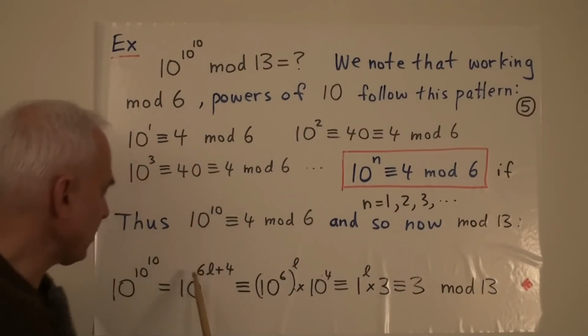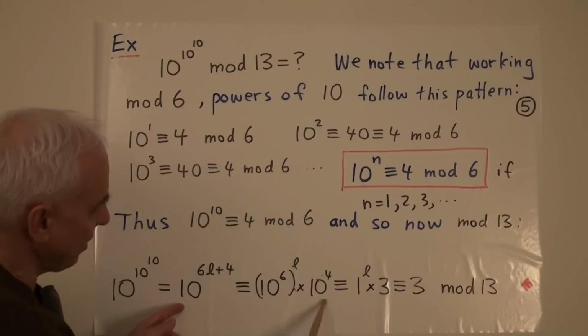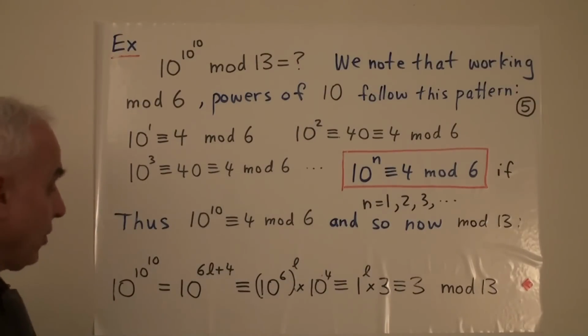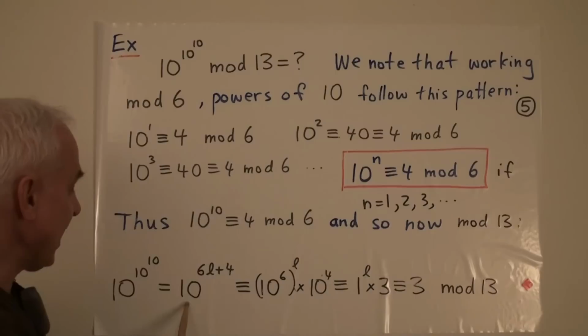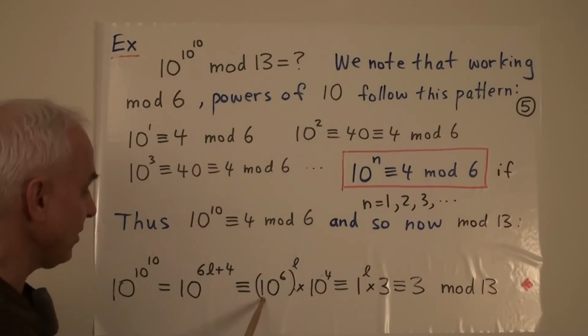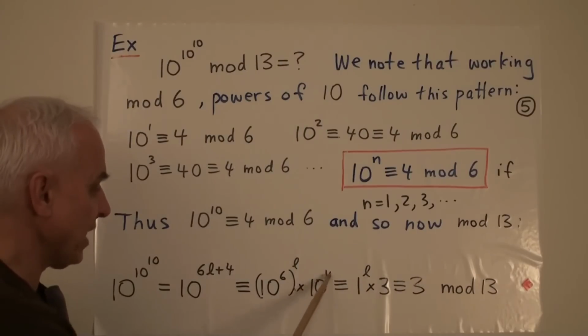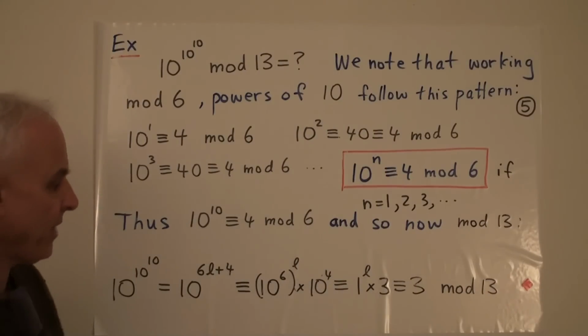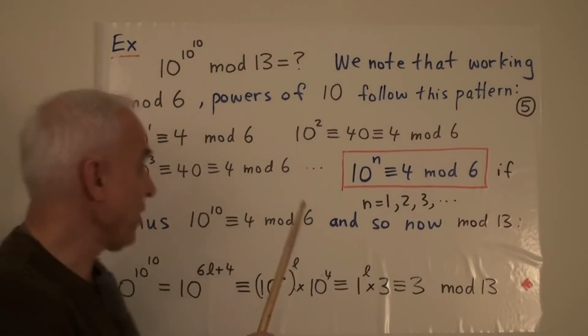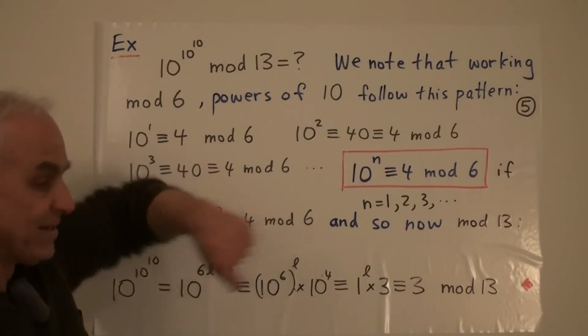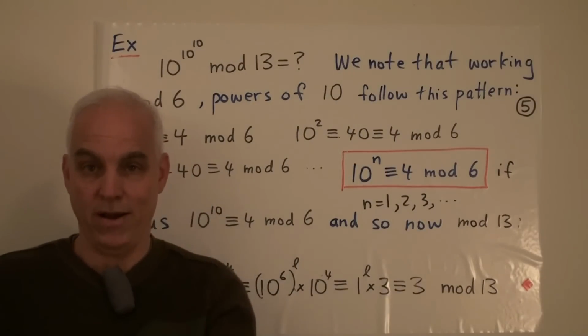And why that is because when we write this now using our exponential laws or rules, this 10 to the 6L becomes 10 to the 6 to the L, and the plus 4 means we multiply by 10 to the 4. And then we get the same trick that happened last time. The whole point was that we knew that 10 to the 6 was congruent to 1.